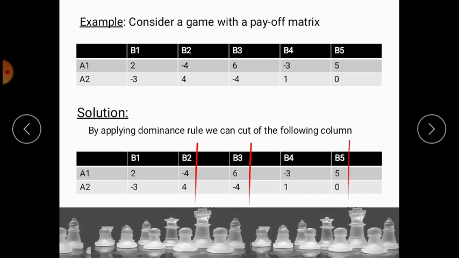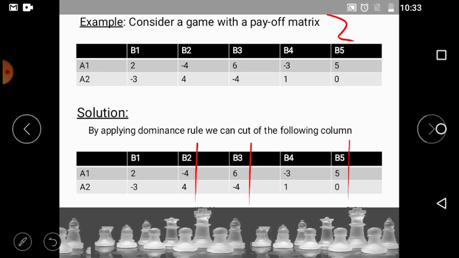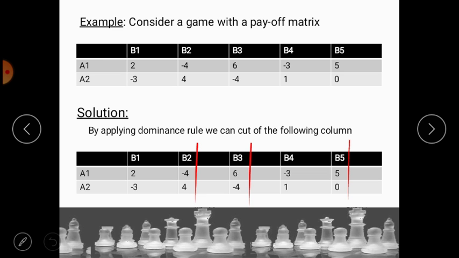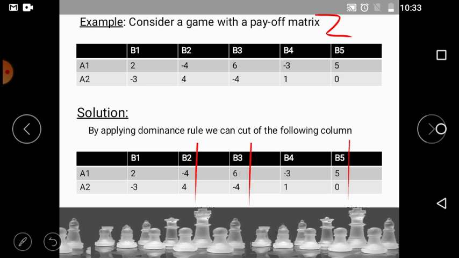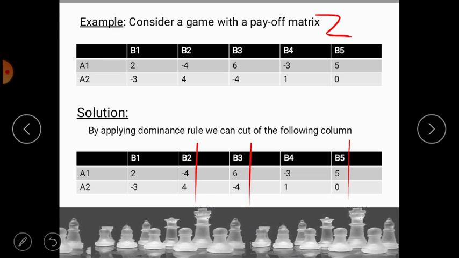Okay, so let us understand this with an example. Consider a game with a payoff matrix. We have two strategies for player A, A1 and A2, and let's say n is 5. We were talking about a 2 by n matrix, right? So here n is 5.